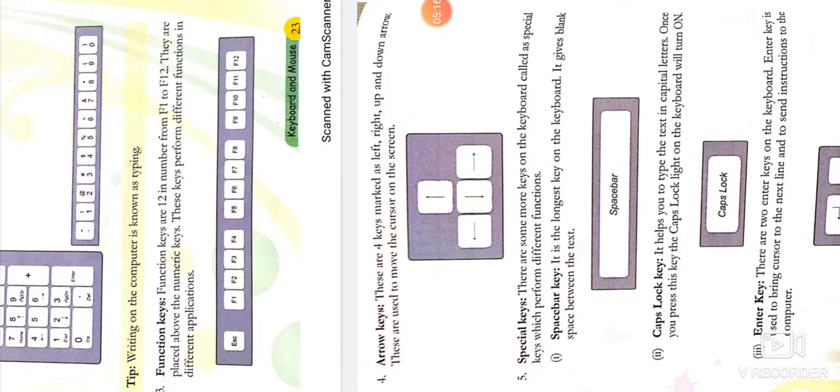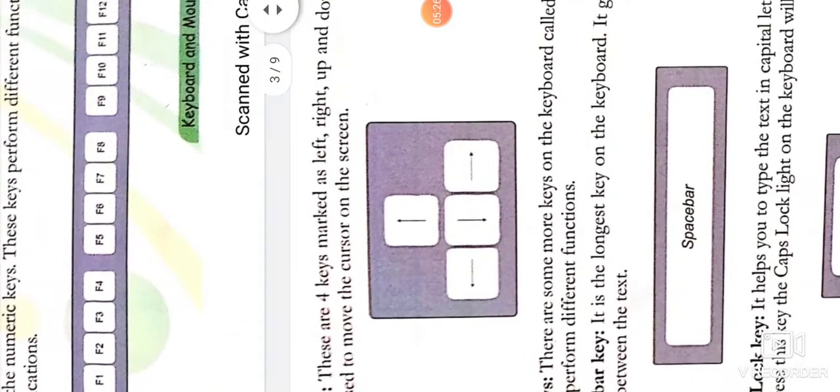And these keys are used to move the cursor on the screen. All right, my dear students, see the arrow. So these are used to move the cursor up and down, right and left on the screen.